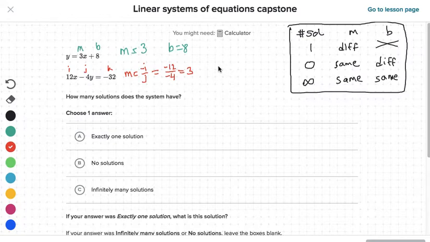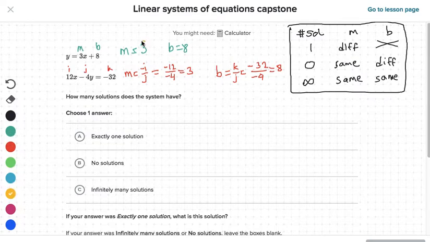And our y-intercept b is given by k over j, which is negative 32 over negative 4, which is also 8.